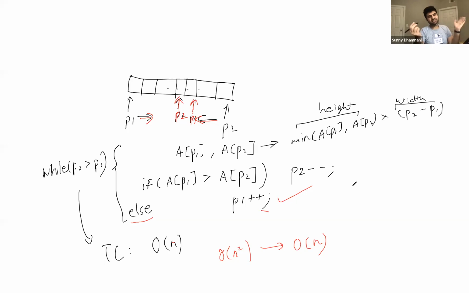So if the heights are equal, it won't matter because you have found the best solution for both. So you can increase or decrease any of those. That's the idea.